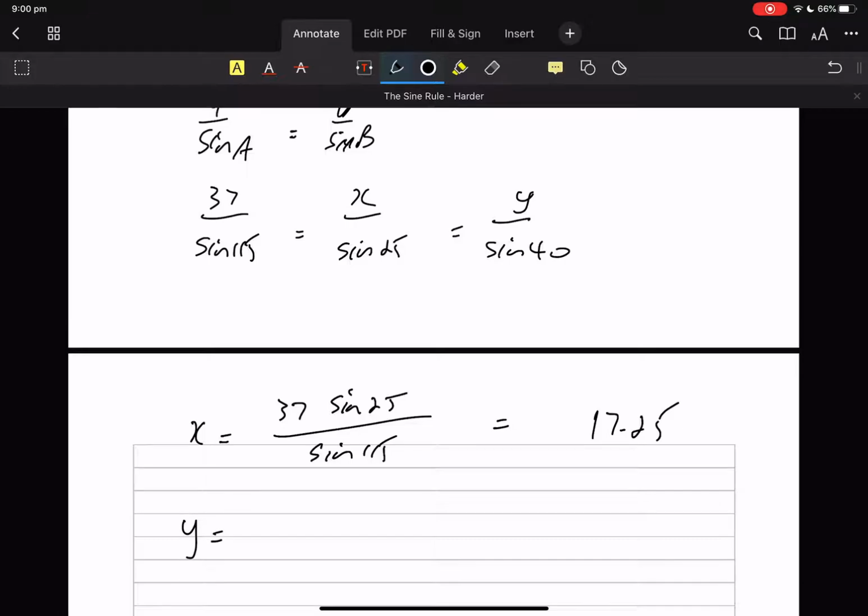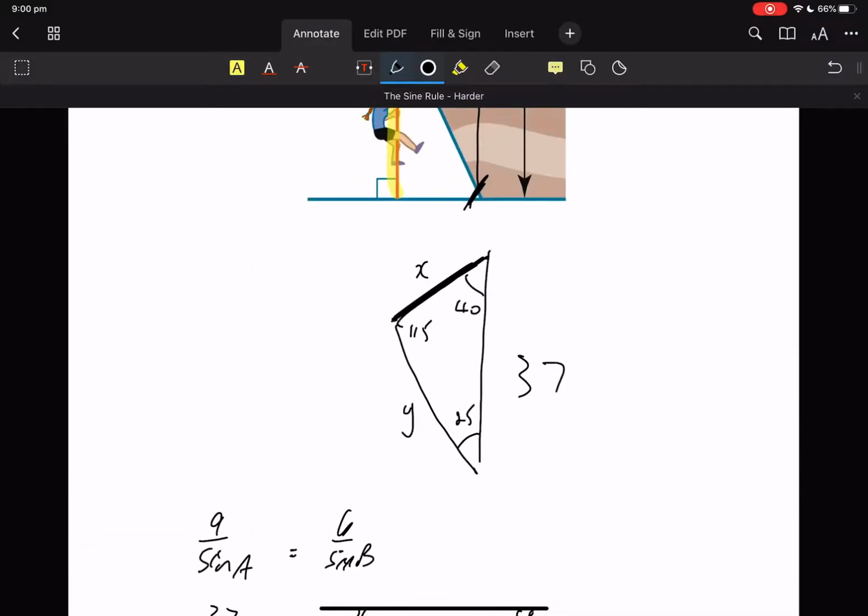Y will be calculator, 6.24. Okay, so 17.25. So that's a bit of rope. 17.25 is a bit of rope.